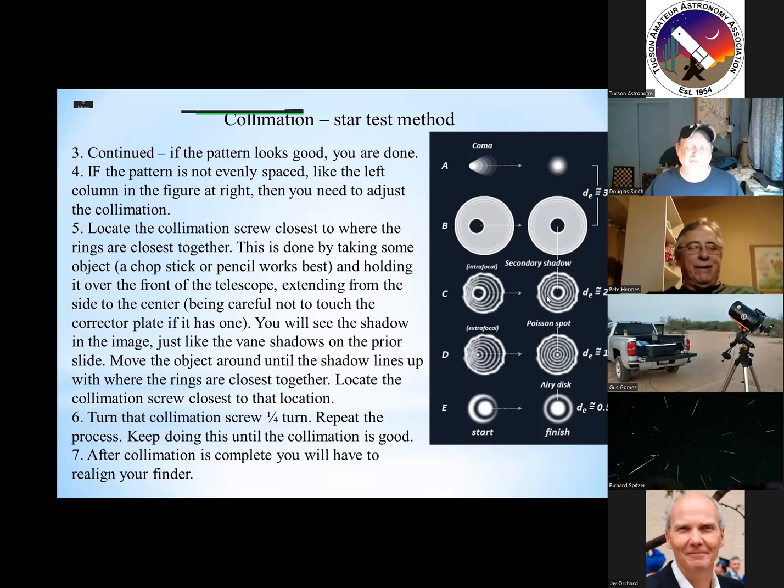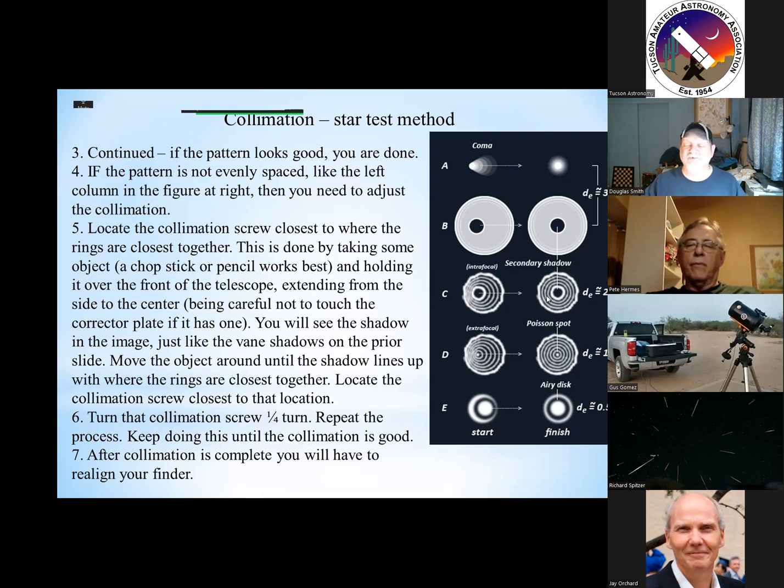Gotcha. 10-4. It's a trial and error thing, and the reason you try to find the screw that's closest to that area is that chances are your collimation got knocked out because you bumped the scope. Usually when that happens, one or two screws will get a little loose.